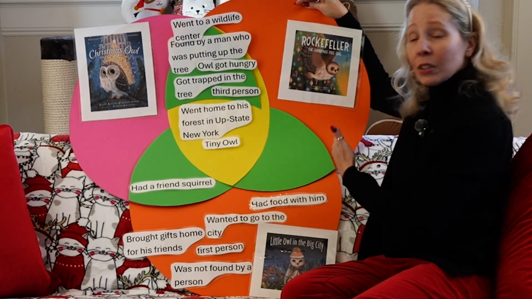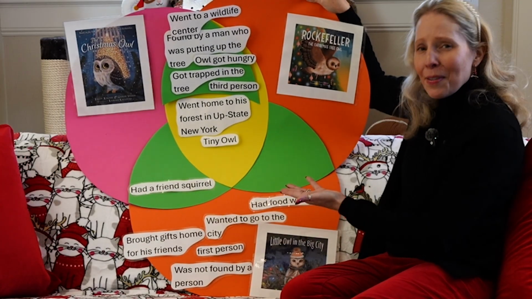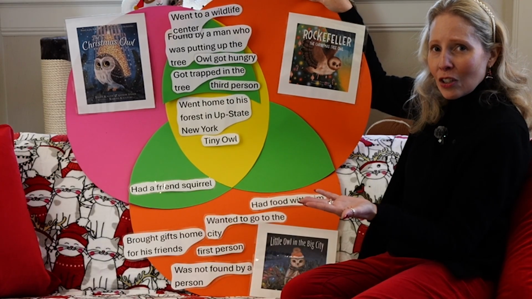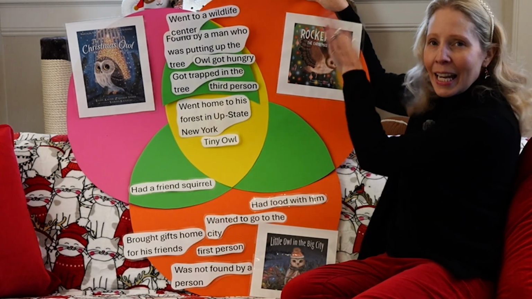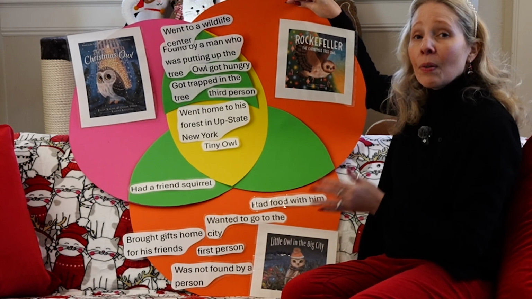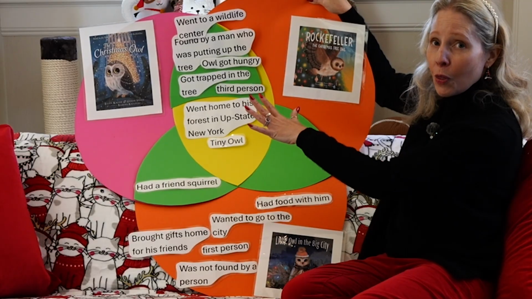It also scaffolds for those that are already reading. Put those words up there, have them link to the term that you are saying right away. It is so helpful. So I'm going to take these all off, and quickly I'm going to show you how I would do this if it was the first time I was using a Venn diagram for 3 books.